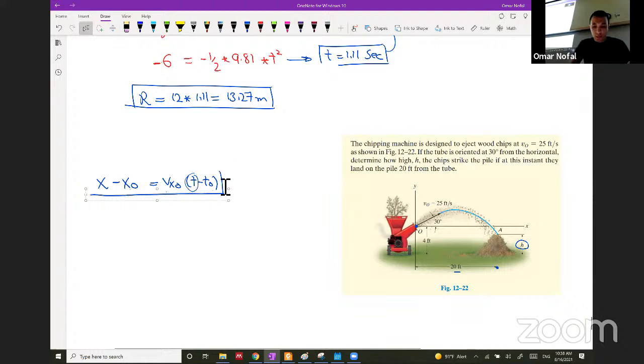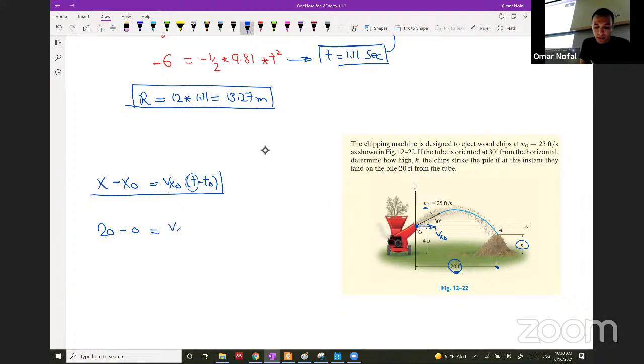So if you look at this equation, you can directly get the time that the wood chip hits the ground. Let's solve for this. We have x equal to 20 feet, x node equal to 0, and v node with an angle, so we can get vx node.